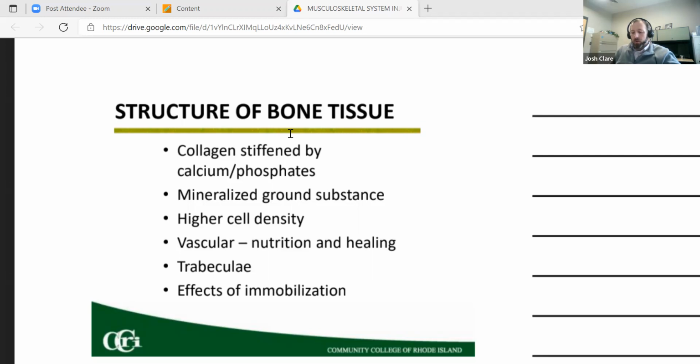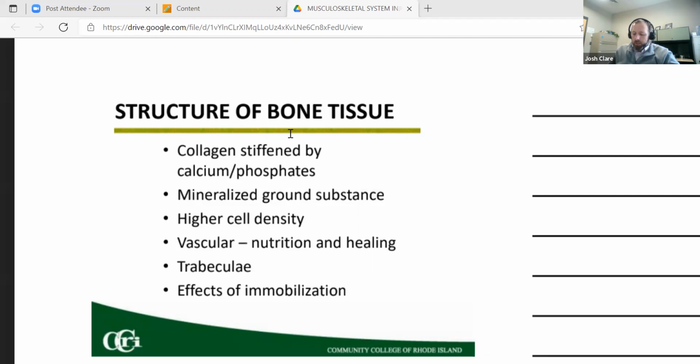It is vascular, and with immobilization, the bone will begin to lose substance if it's prolonged immobilization. I'm talking years. So that would create a bone density problem.